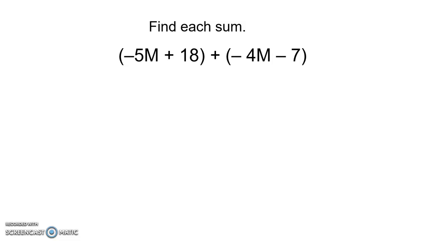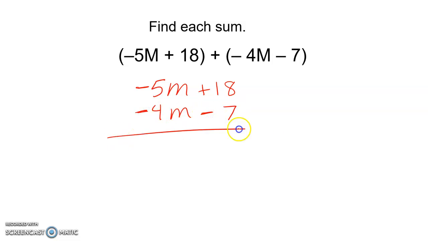All right, let's try the next page. Stack those. Negative 5m plus 18, negative 4m minus 7. So a negative 5m and a negative 4m, two negatives I'm going to add and keep the negative. So that's a negative 9m.